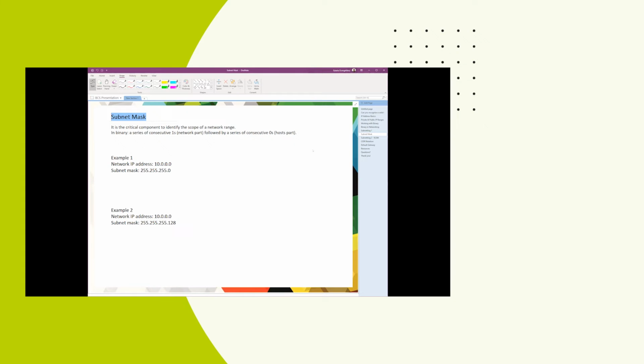But the initial packet needs to be a broadcast because the originating device doesn't know where to send it. Imagine in a very, very big network, somebody shouting out the destination. Yeah, unnecessary traffic.